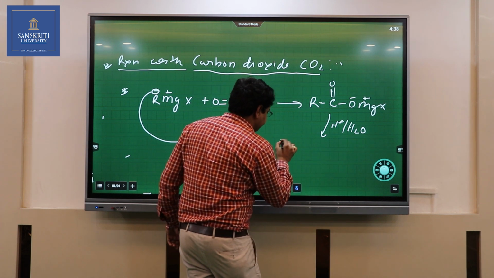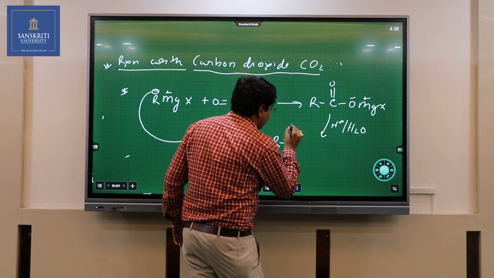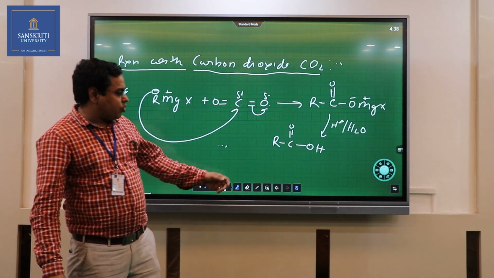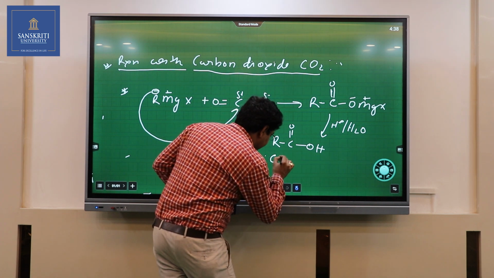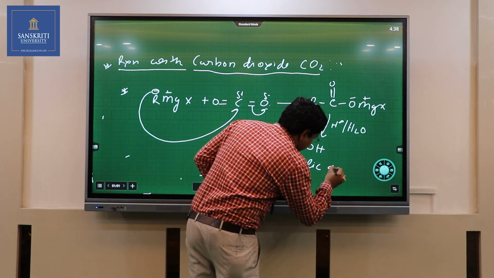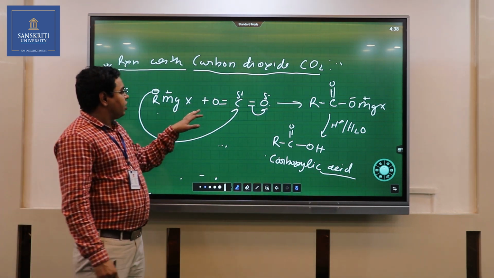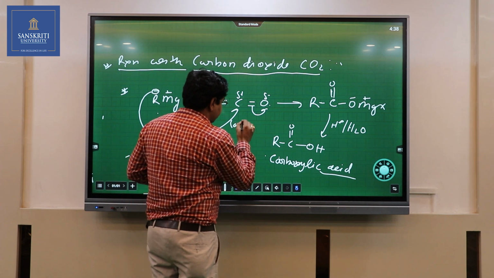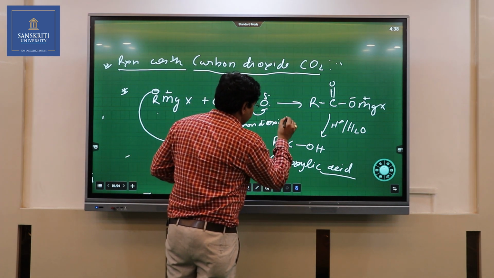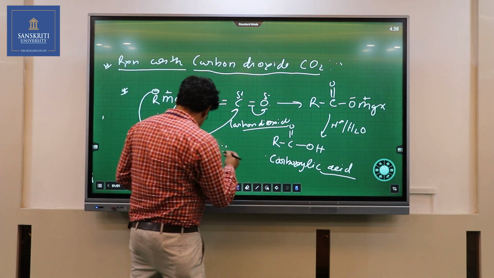We get RCOOH. This is the carboxylic acid. After the reaction of carbon dioxide, we get a carboxylic acid.